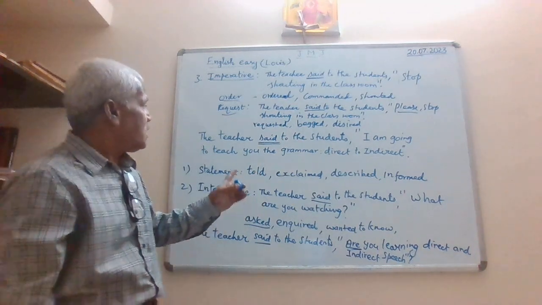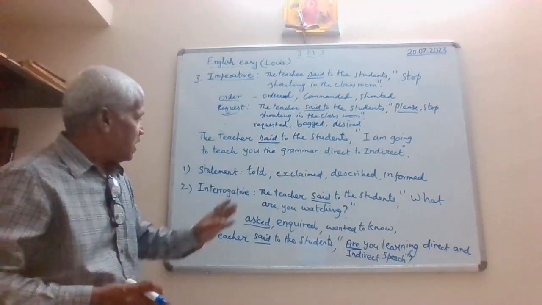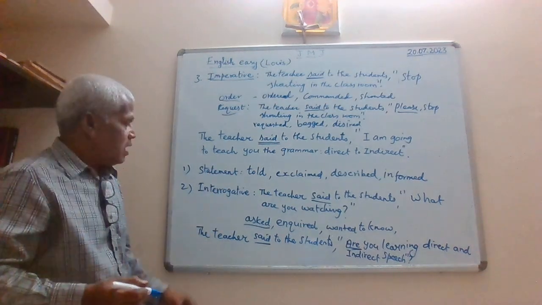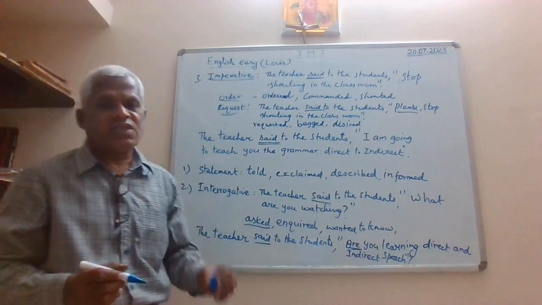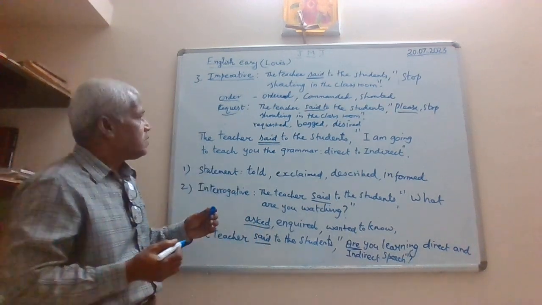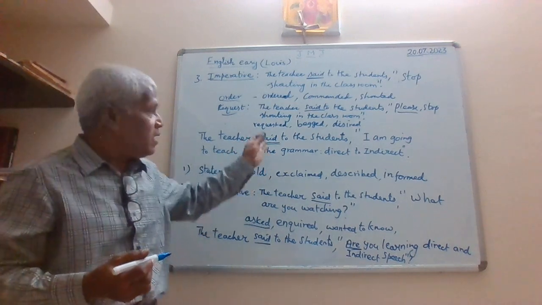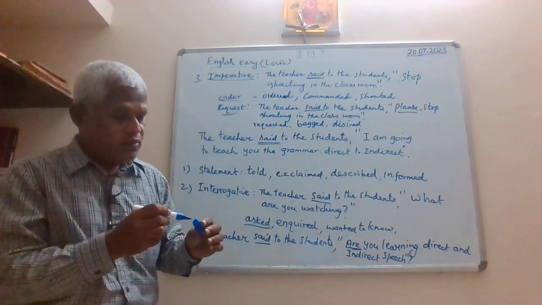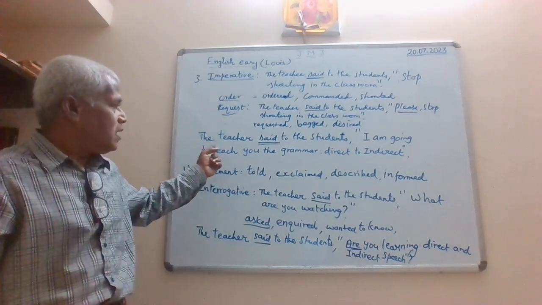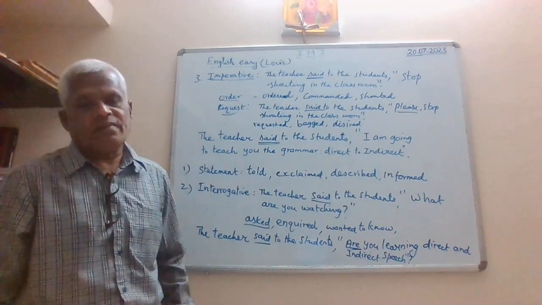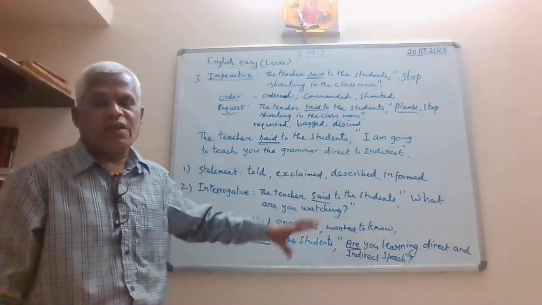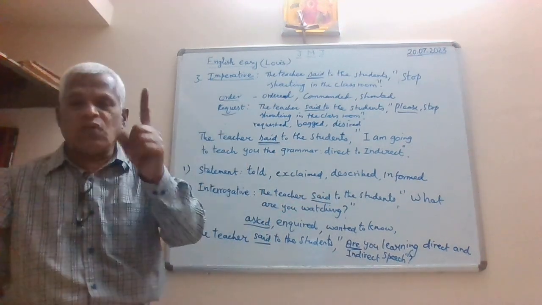Now there is one more. I don't know whether I can write it here anyway. We have written the statement, interrogative, imperative. Now we have one more, that is exclamatory. I'll write and show it to you on the whiteboard, but before I do that, I would like to tell you how a statement can be changed from direct to indirect.